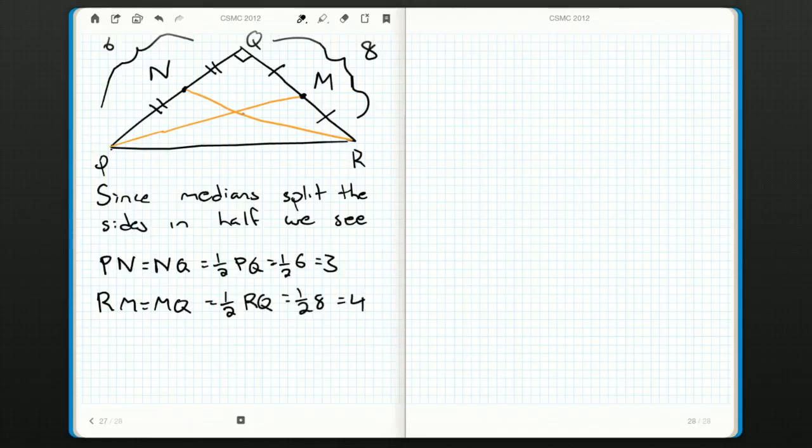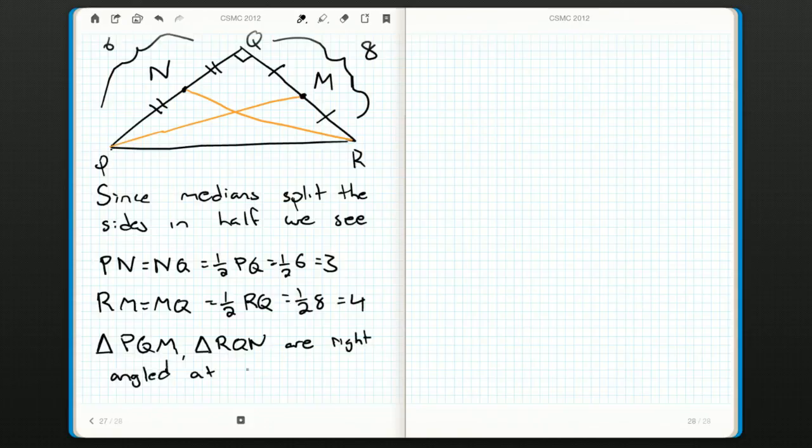So we want the orange lengths, the medians. Well, PMQ is going to be right angled. Same with RQN. And this gives us a perfect avenue to determine the lengths of these medians.